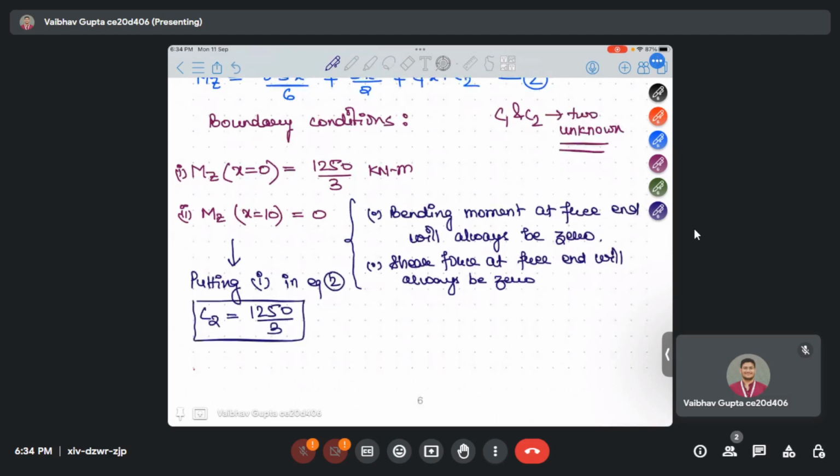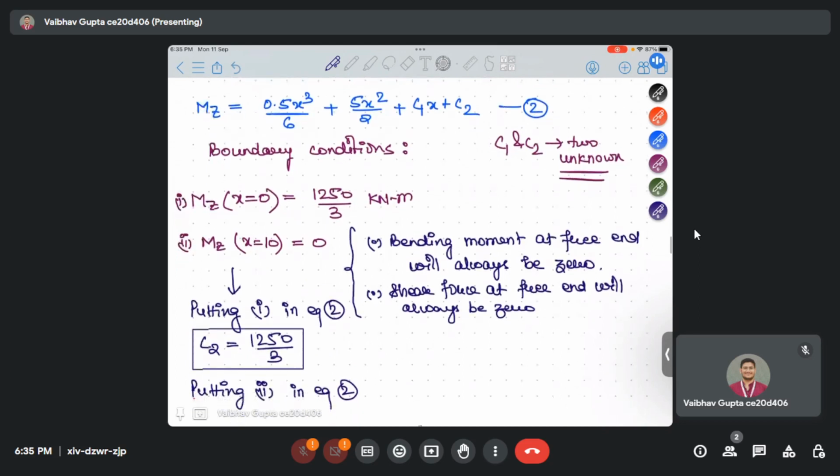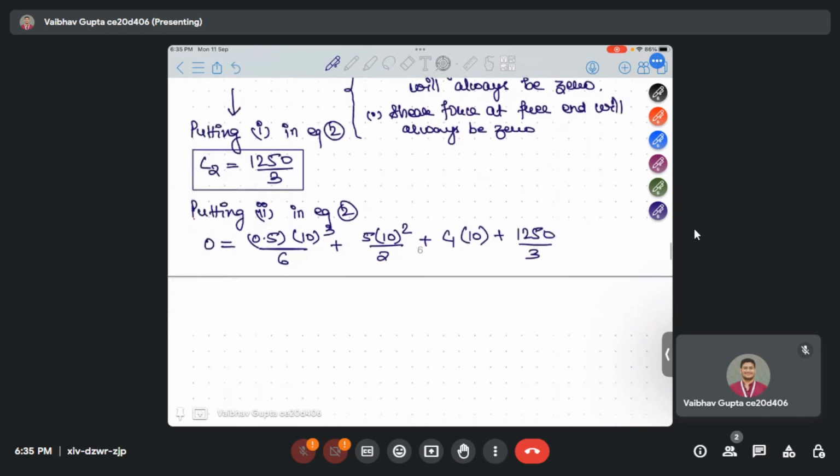And putting the second in equation 2, we'll put 10 here. So 0 equals 0.5 into 10 cube by 6 plus 5 into 10 square by 2 plus C1 into 10 plus 1250 by 3. By solving this, we'll get C1 equal to minus 75.